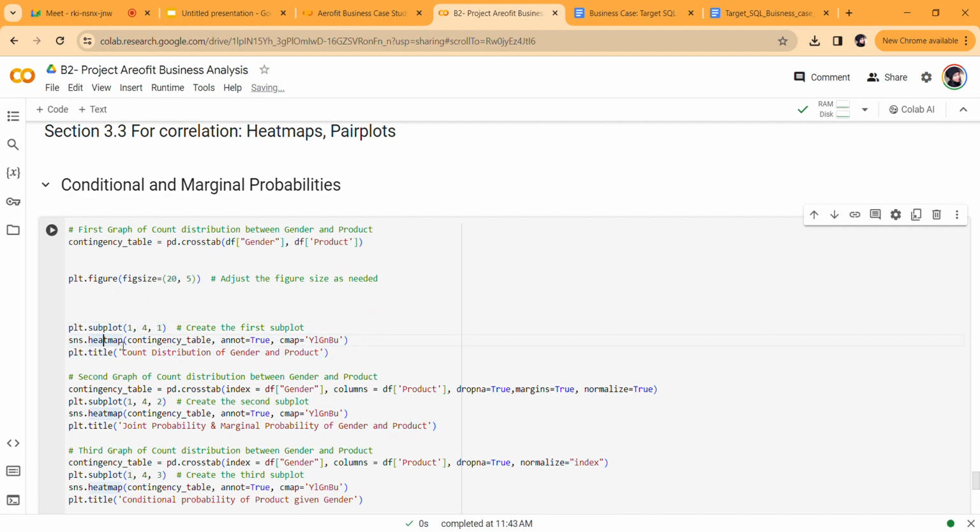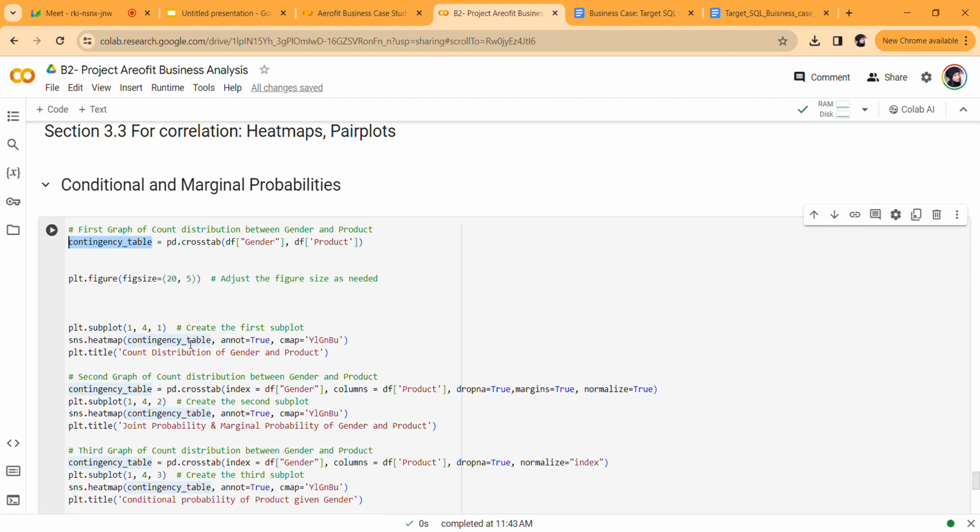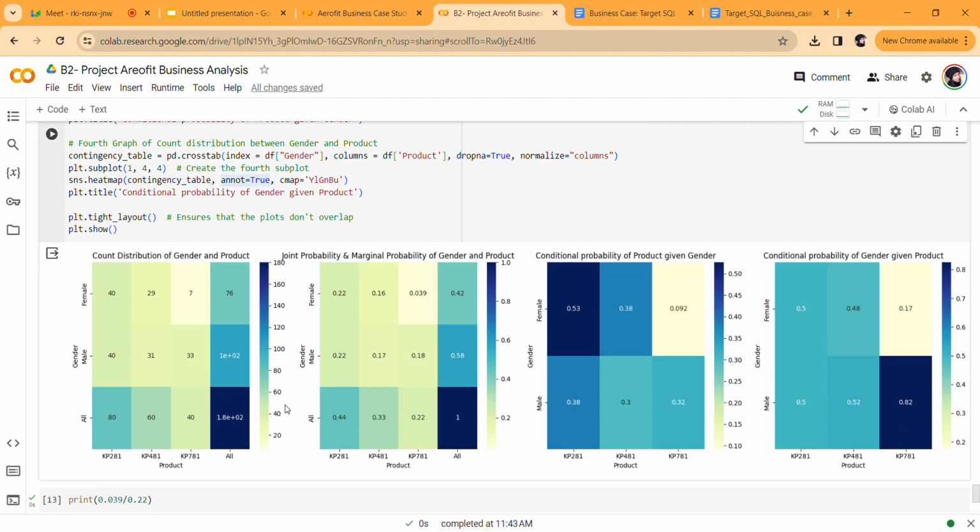You are going to write the code sns.heatmap, and inside that heatmap you pass the table you created in the first section. Then annot=True shows the numbers on top of the heat map.